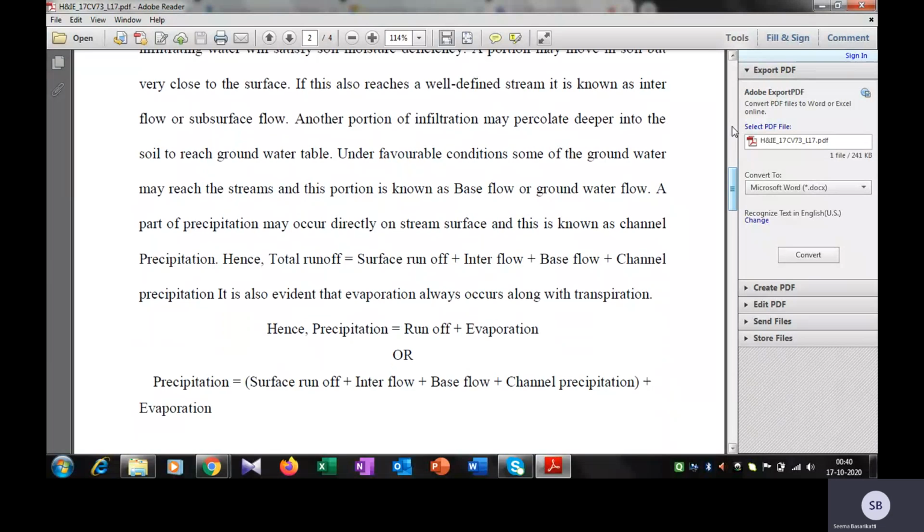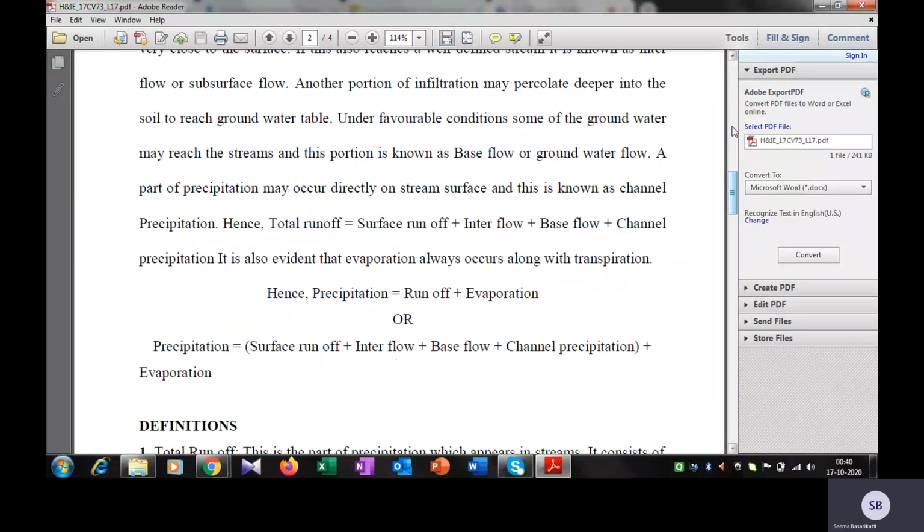It is also evident that evaporation always occurs along with transpiration. Hence, precipitation is the sum of runoff and evaporation, and precipitation is also equal to the sum of surface runoff, interflow, base flow, channel precipitation, and evaporation.